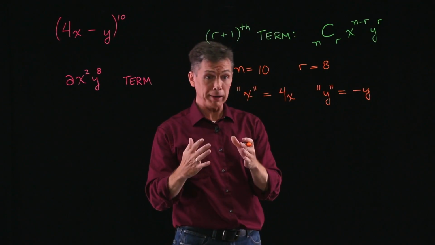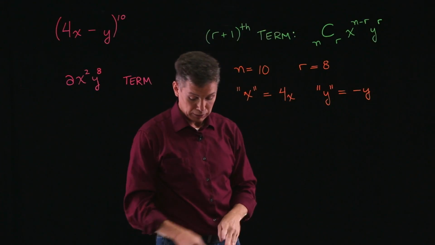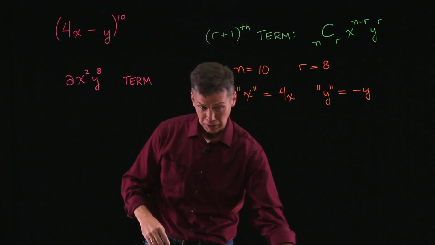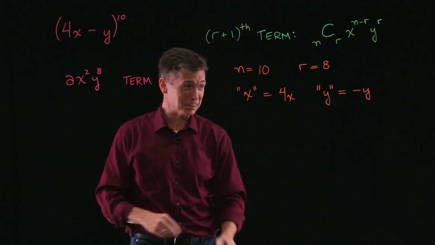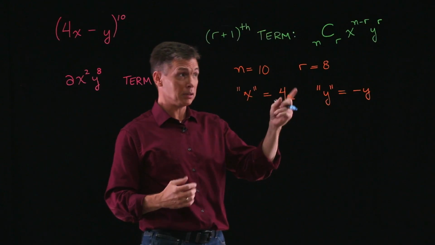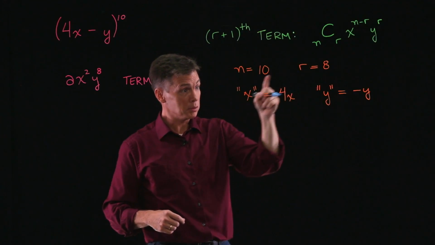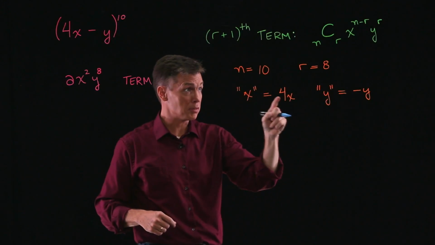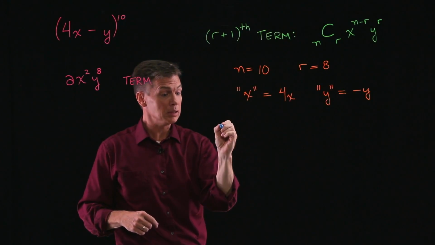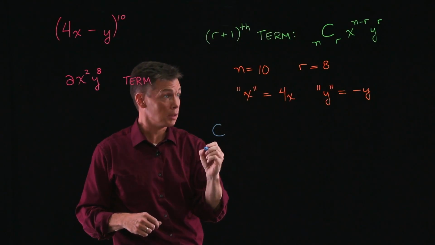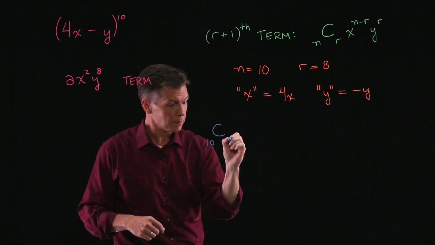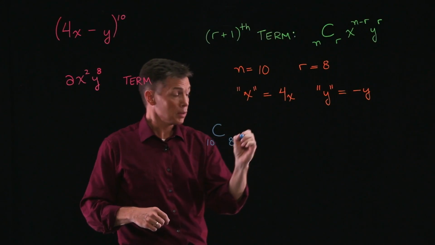Okay? All right. Now you have all your ducks lined up, as old people say, which is why I'm saying it, I guess. You're ready to use the formula. Follow this formula with each of these specific values. So what we need is C sub 10 here and an 8 there.